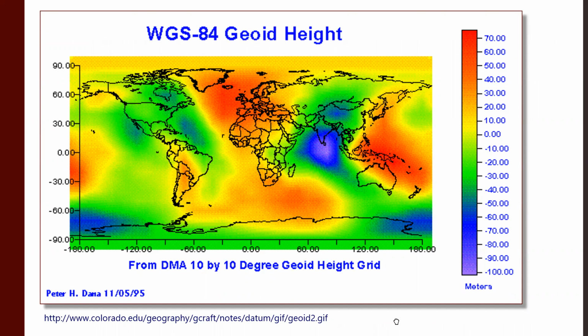So this is the Geoid 1984 of the World Geodetic System. And our areas, high and low, do not correspond with topography. And this is a really important thing to emphasize.